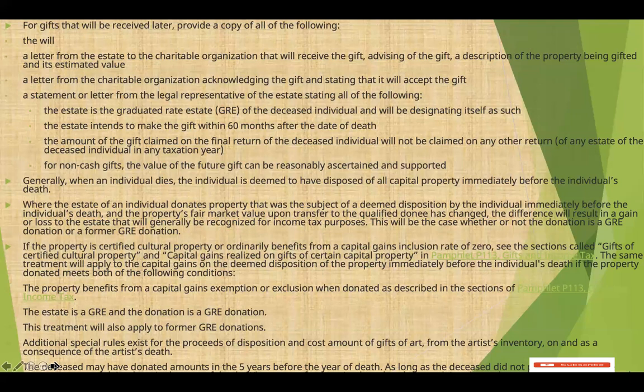That is, the property benefits from a capital gain exemption or exclusion when donated as described in this section, and the estate is a GRE and the donation is a GRE donation. The treatment will also apply to a former GRE donation. Additional special rules exist for the proceeds of disposition and cost amount of a gift of property from the artist's inventory or as a consequence of the artist's death.